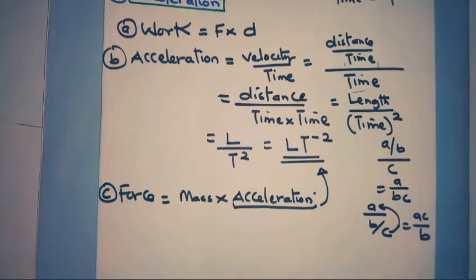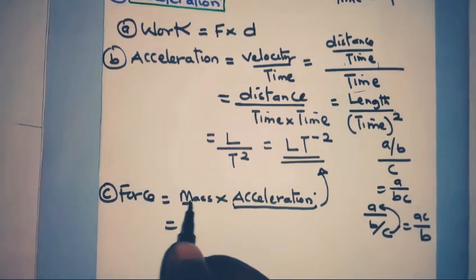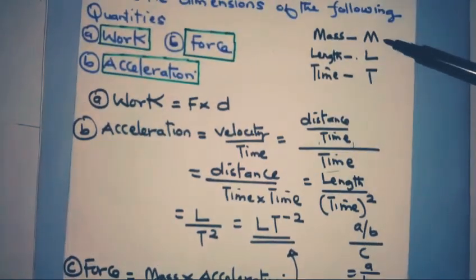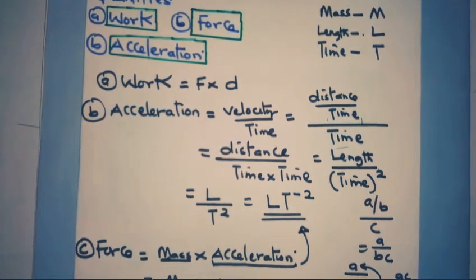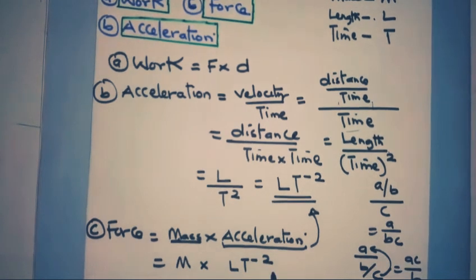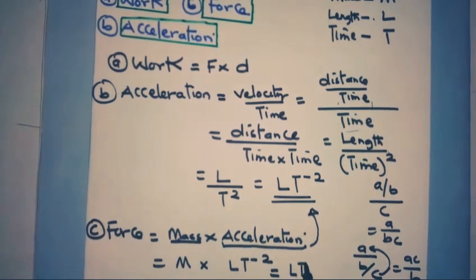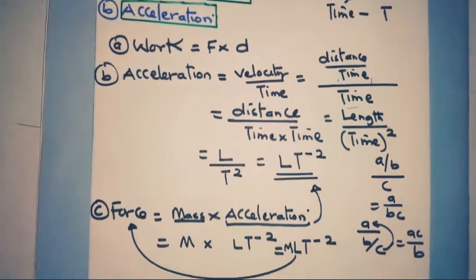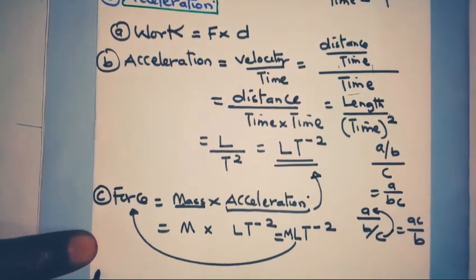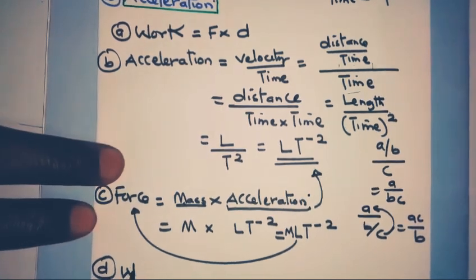So now mass itself is represented as M. So we have M multiplied by LT raised to the power of minus 2. This is simply MLT raised to the power of minus 2. So this becomes the dimension for force.